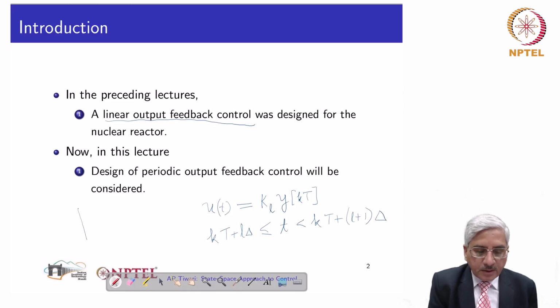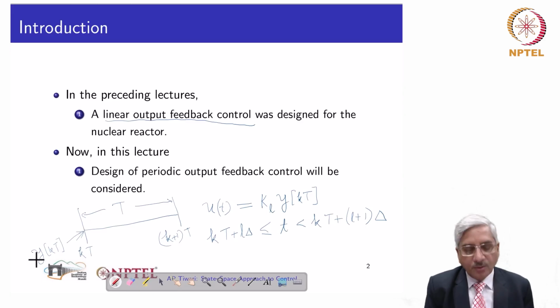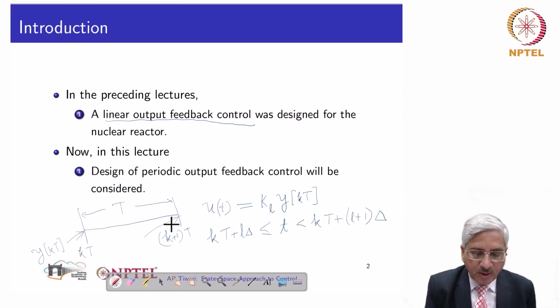Now, if you recall, T is a large time interval. This is instant kT and this is the instant (k plus 1)T. And these are the instants where we are taking samples of output. So this is the instant where we have collected the sample y(kT). At this point, we will be collecting the sample y((k plus 1)T).